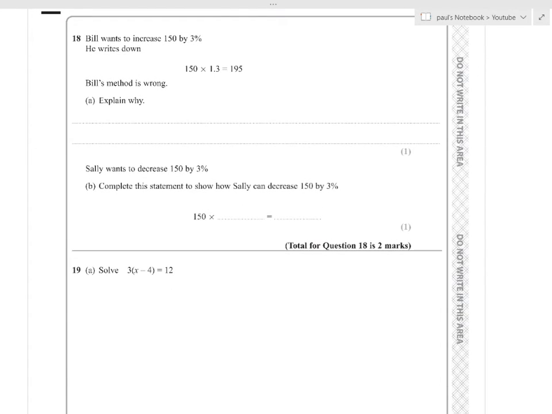Okay, what does Bill want to do? He wants to increase 150 by 3%. So he writes down, oh, wrong. He has increased by 30%.